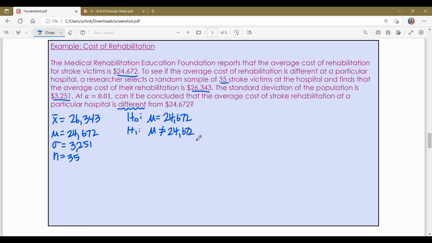So we don't know if it's greater, we don't know if it's less, but we just know it's not equal to, it's different. Then we draw our picture. Since it's a not equal to, we are shading both sides. Well, I guess we should also say that she is claiming that they are different.